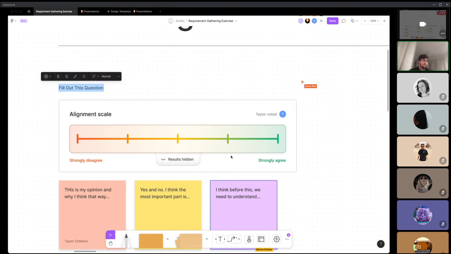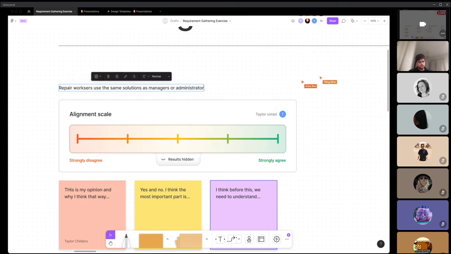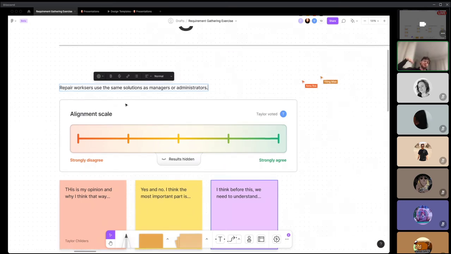So I think I mentioned before about the persona archetypes of the different people. I'm going to phrase this as: repair workers use the same solutions as managers and administrators. This is based off the local flow questions we were doing before, just a reminder.